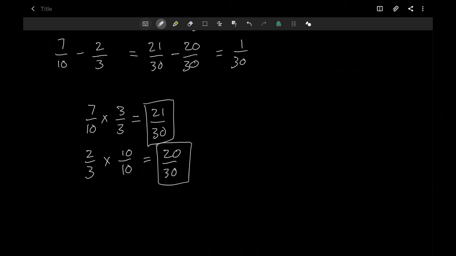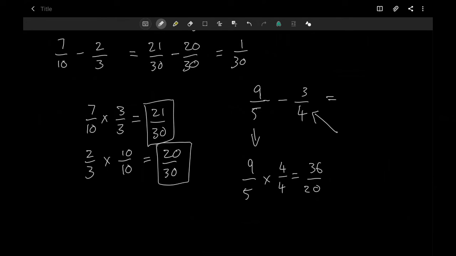So let's try one more example. If we have 9 over 5 and we wanted to subtract 3 over 4, what do we do? Let's follow the same principles. Do you remember what it is? That's right. We take the first fraction, 9/5, and we multiply that by the opposite denominator, which is 4. So 9 times 4 is 36. 5 times 4 is 20.